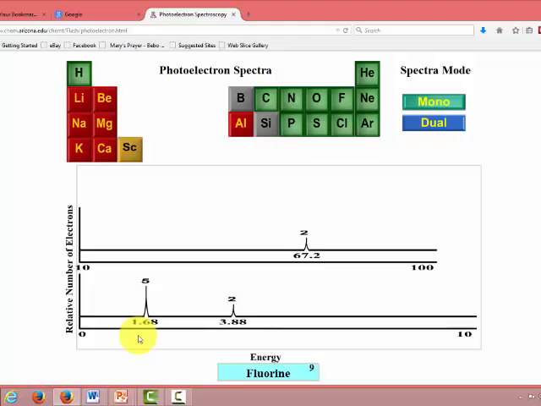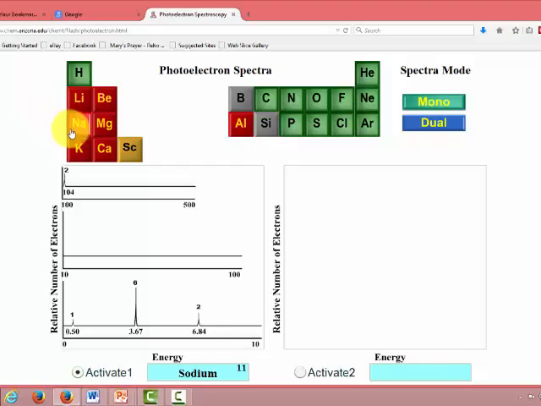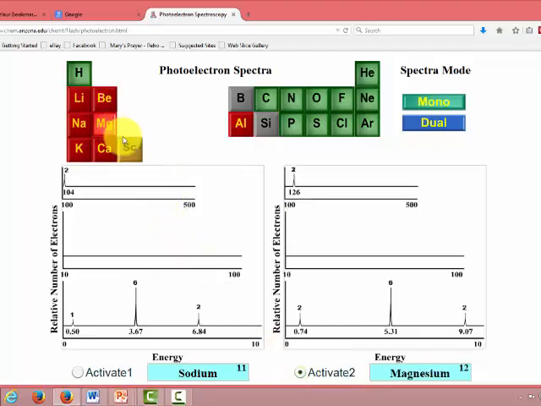On this website, you can also compare multiple spectra by choosing the dual mode at the top. Pick an element for the left side. Click the right side radio button and choose a second element to display on the right. You can then compare their spectra side by side.